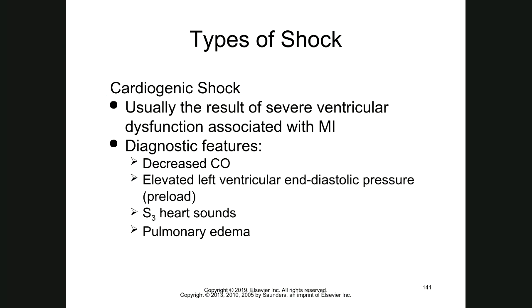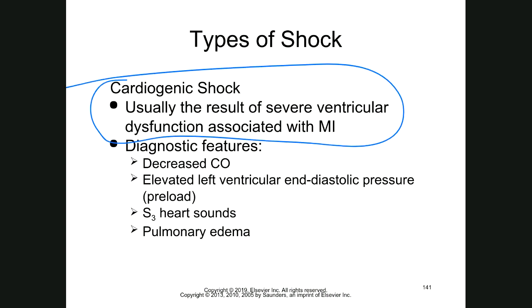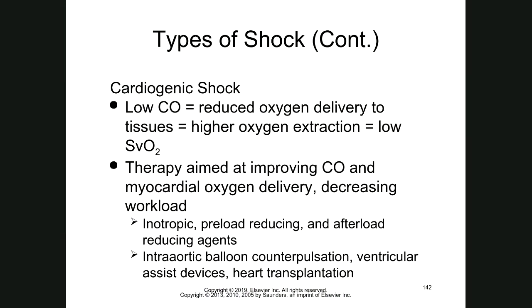The cardiogenic shock, you already saw it over there. Usually the result of severe ventricular dysfunction associated with myocardial infarction. You have the diagnostic features over there. I will not ask you diagnostic features, but that first bullet needs to be understood by you. In cardiogenic shock, this one is important, the low cardiac output.